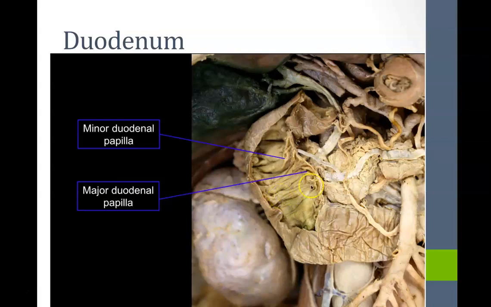In this dissection, they have cut through the duodenal wall, and you can see an opening here. This would be your major duodenal papilla, again allowing bile and pancreatic juices to move into the duodenum. And then sometimes we will have this minor duodenal papilla that will allow pancreatic juices into the duodenum as well.